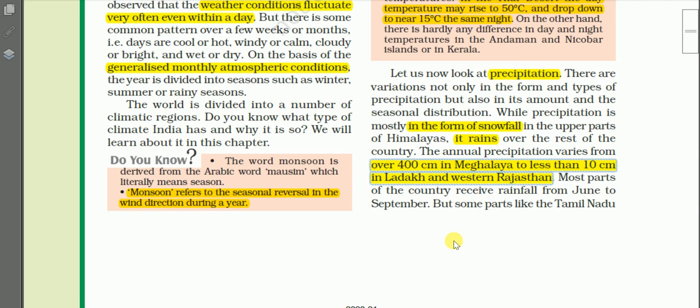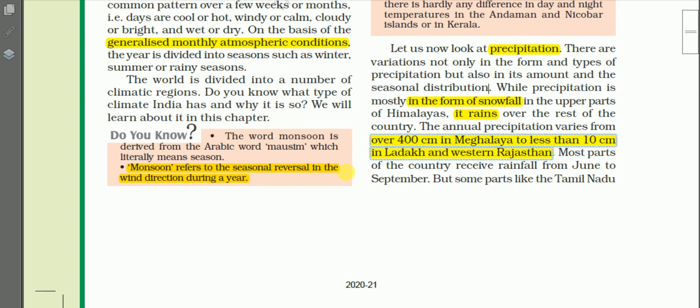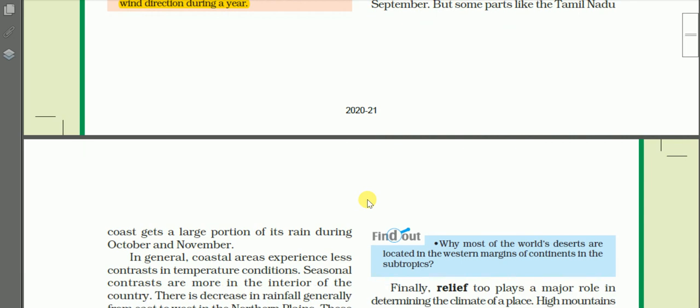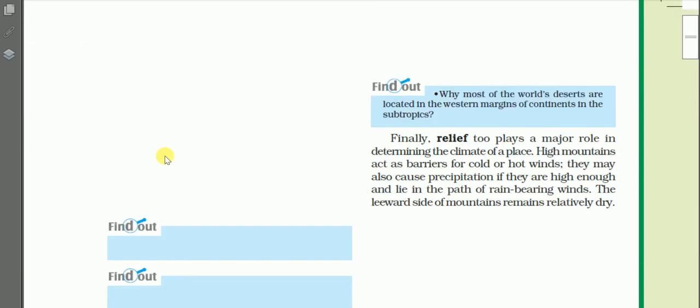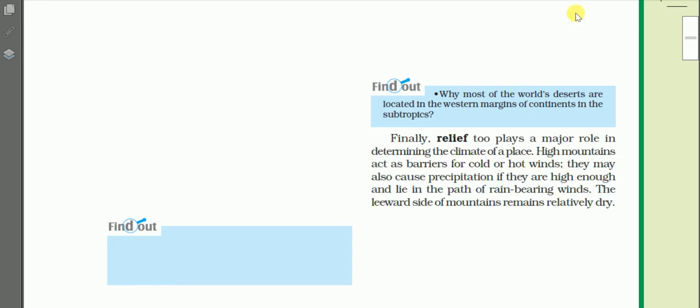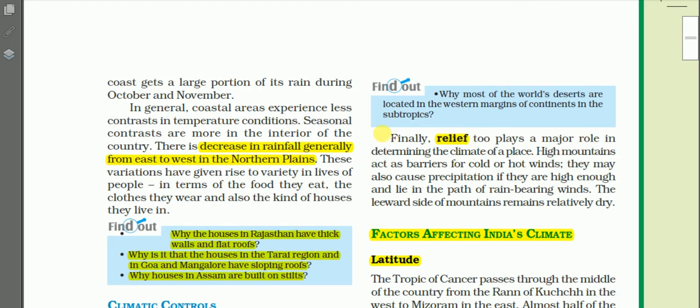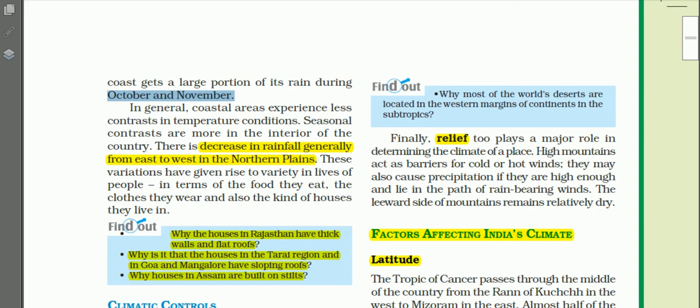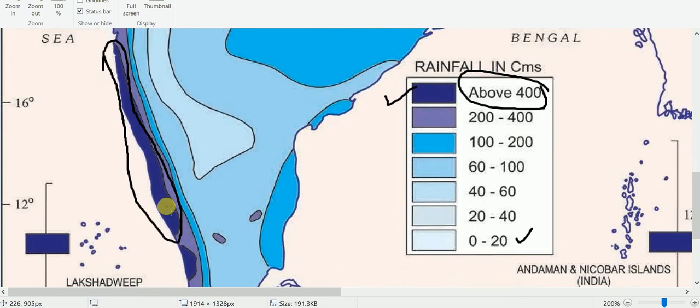Likewise we find differences from season to season also. Most parts of the country receive rainfall from June to September. But some parts like the Tamil Nadu coast get a large portion of rainfall during the winter season, October and November, that is here, this area.